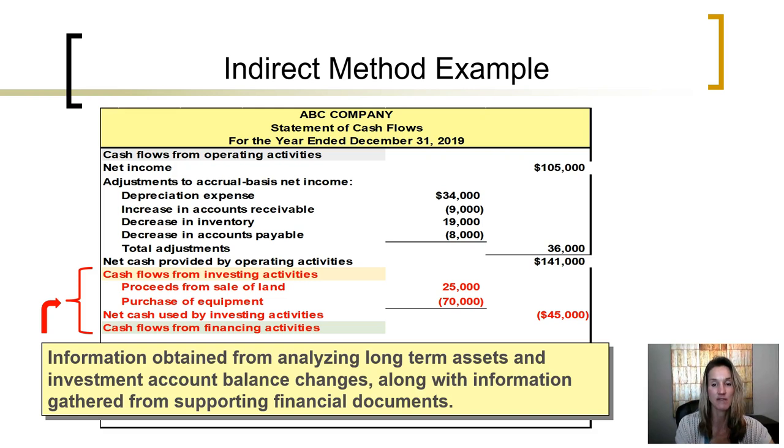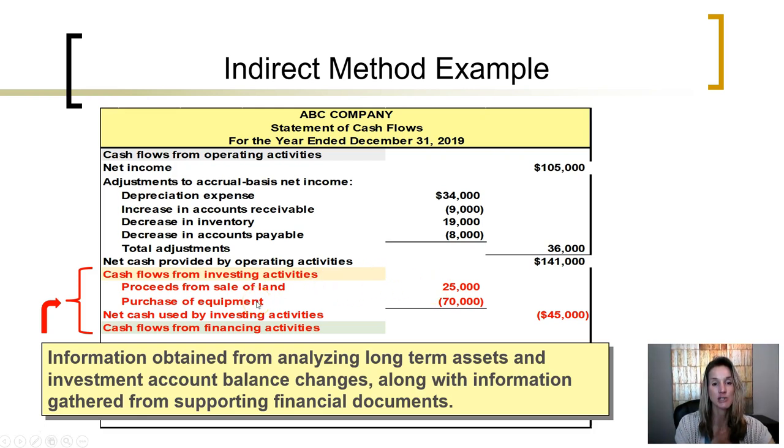In the educational environment, the information needed to prepare the investing activities section would be provided. Here we're seeing with ABC Company, they sold land and cash of $25,000 was received. Because this is a cash inflow, the $25,000 is shown as a positive number.